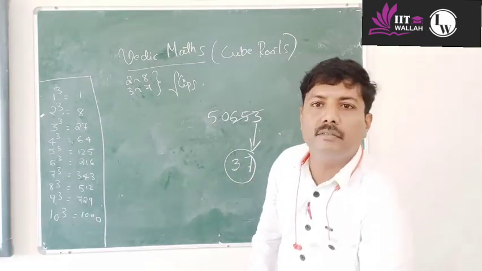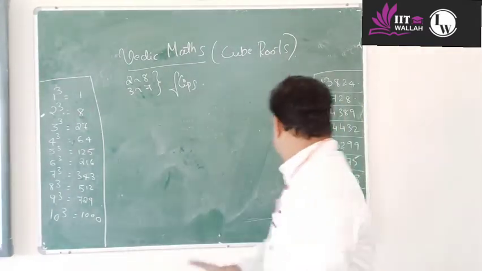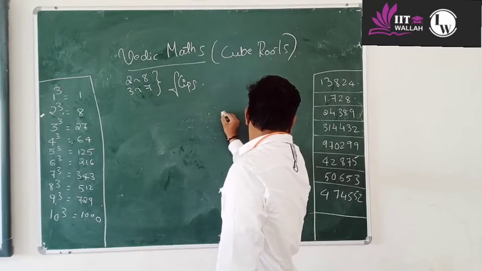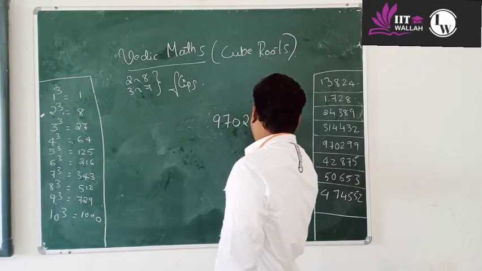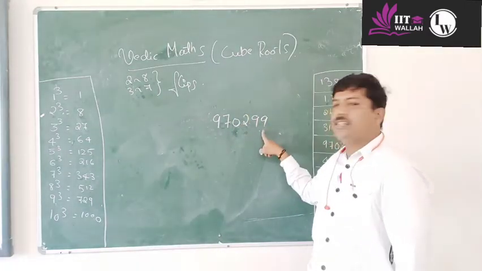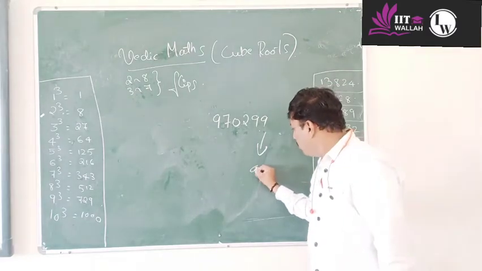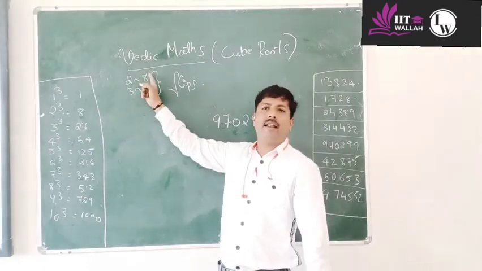You got it? Understood? Now we will check another number. 970299. The last digit is 9, so its cube root's last digit is also 9, because the only difference is in 2 and 8, 3 and 7.